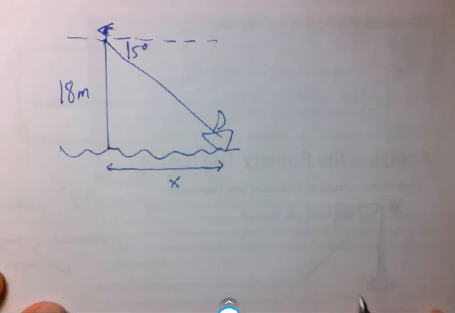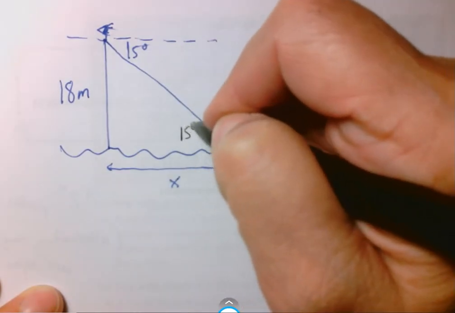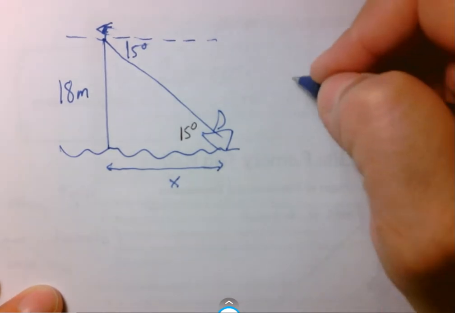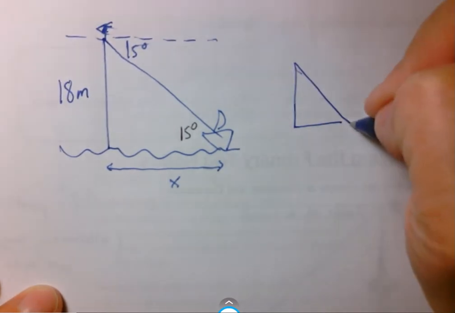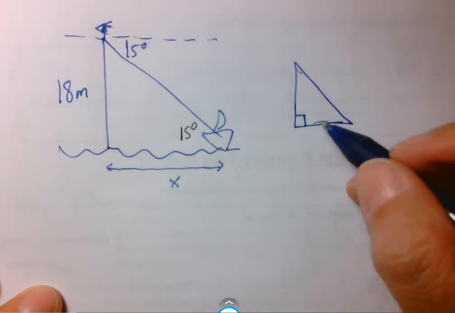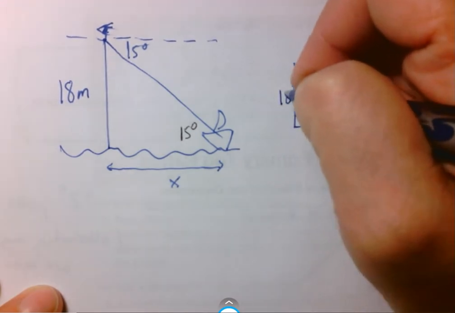All right, so here we have our diagram. Now this 15 degrees is sitting outside the triangle. Well, we can use the Z to bring it inside. All right, and so now really what I have is a triangle that looks like this. The bridge is perpendicular to the ground or to the water, so that's 90 degrees. This is 15 and this is 18.